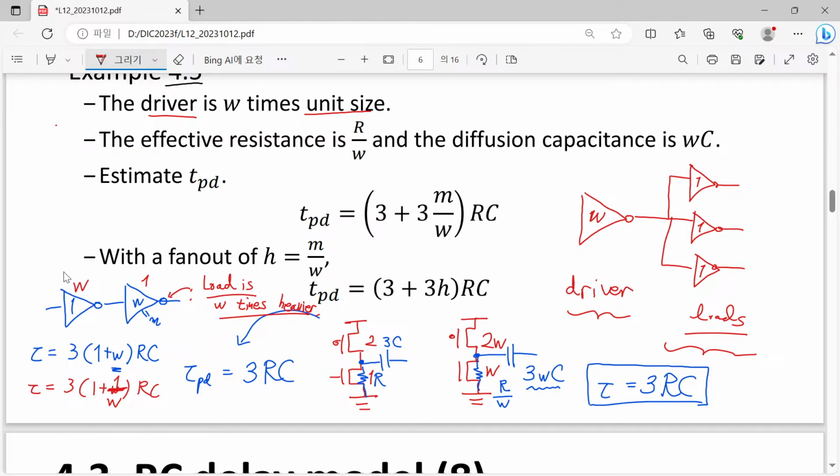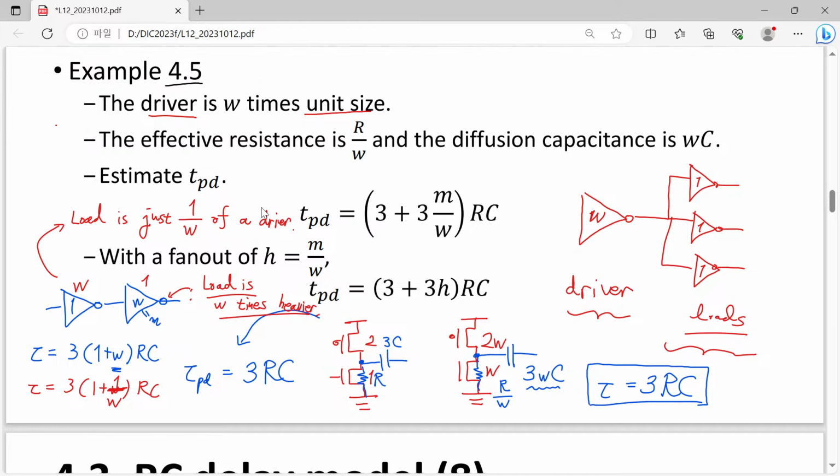And now in this new case, when the driver is W and the load is 1, we can say the load is just 1 over W of the driver. So it is quite light.